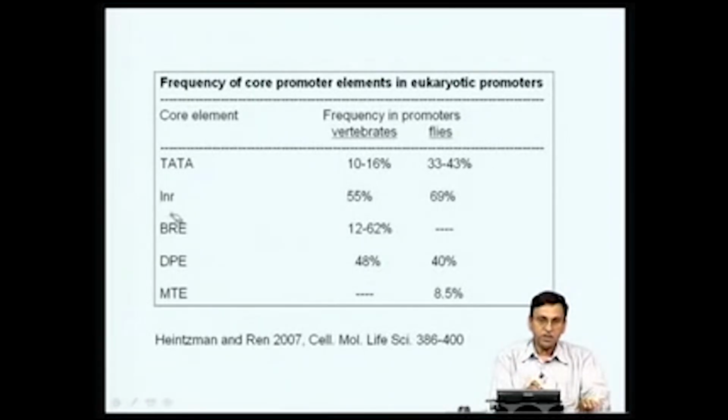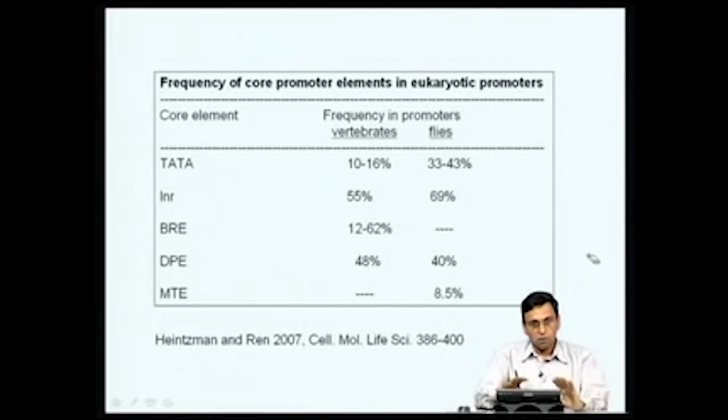Similarly, the initiator motif, which is also a core promoter element, is present in about 55% of the vertebrate promoters and about 69% of the fly promoters. The BRE is present in about 12 to 62% of the vertebrate promoters, whereas the DPE, that is the downstream promoter element, is present in about 48% of the vertebrate promoters and 40% of the fly promoters. The MTE is present in 8.5% of the Drosophila promoters.